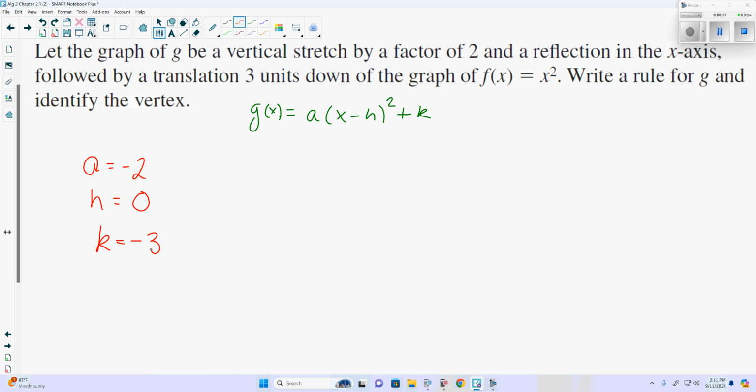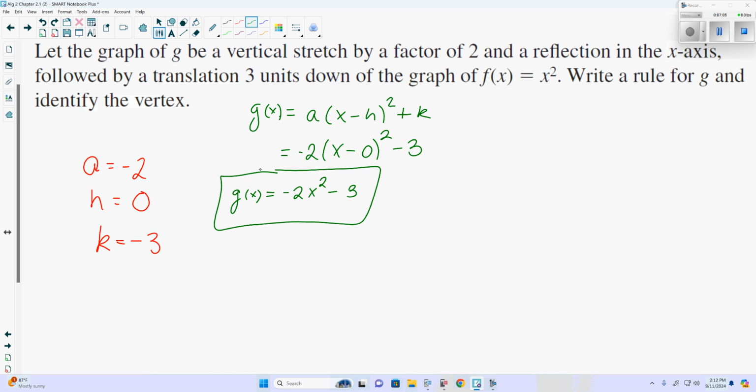And k is our movement up or down, so negative 3. So the book would say that a we can replace with negative 2, h with 0, and k with negative 3. Our x minus 0 squared is just going to become x squared. And we get this here.